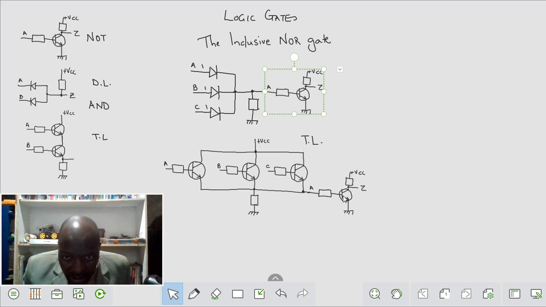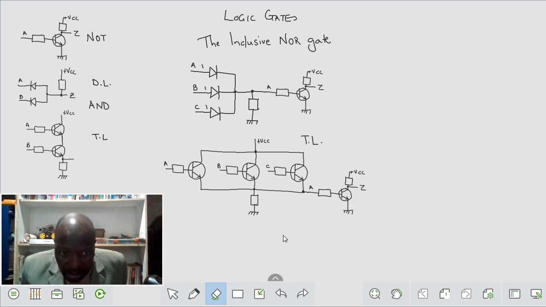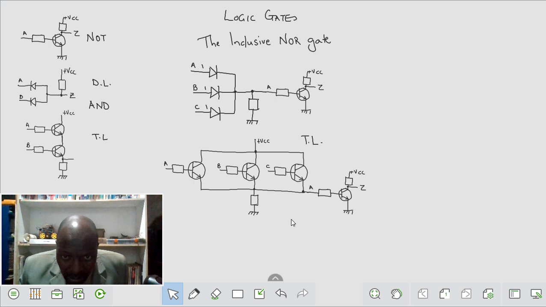On the output here, instead of what we had, let's remove this little A here. Let's first ungroup that. What I'll do is ungroup, and then remove the A. Probably do the same here.